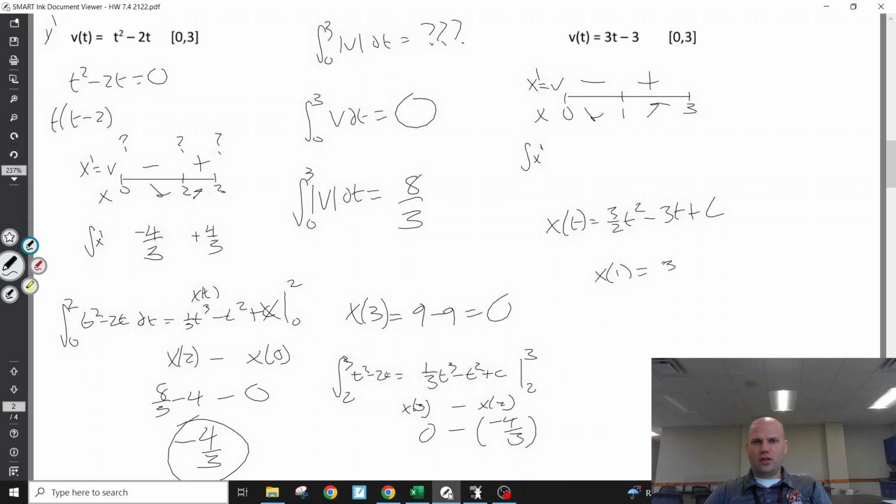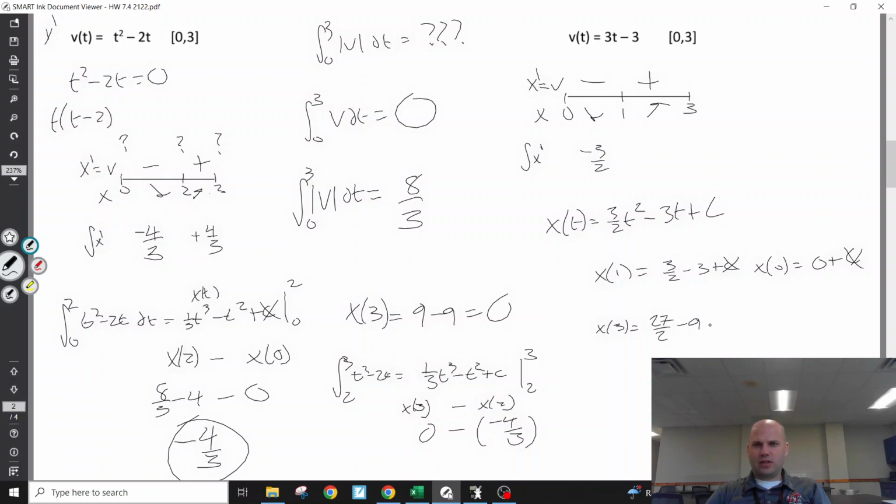X of 1 is 3/2 minus 3. X of 0 is 0 plus c. Knowing that when you subtract the two, the c's will cancel. You'll just have 3/2 minus 3. That's 6/2, so that's negative 3/2. And then from 1 to 3, you get 27/2 minus 9.